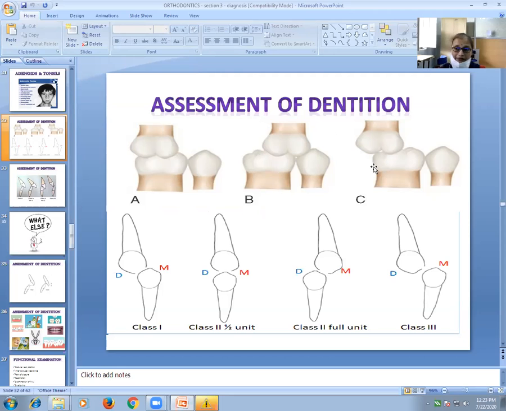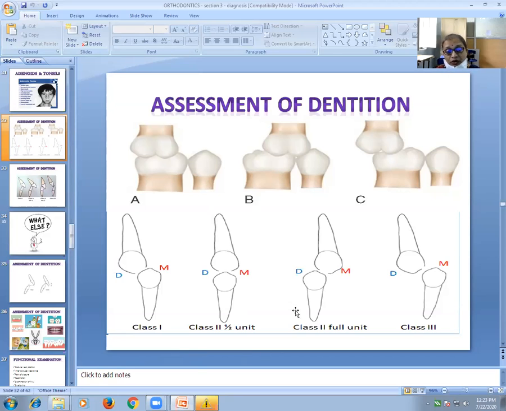Fine. If the patient is not having molars, any one molar on any side, you will go to the premolars. You will decide the molar relation or the class of malocclusion by the premolars. So what is a class 1 premolar?